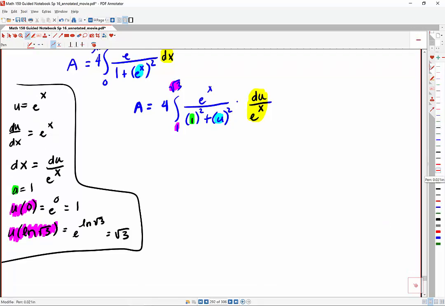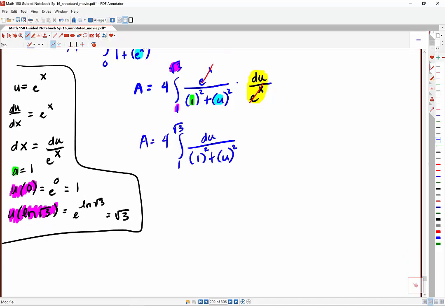All right, so let's see what happened. The e to the x's divide out, so that's good. And so the area is 4 times the integral from 1 to root 3 of du over 1 squared plus u squared. So yet another, sorry there are so many arctangent results, our area will be 4 times 1 over 1, because 1 is our a, arctangent of u over 1, evaluated from u equal to 1 to u equal to root 3.